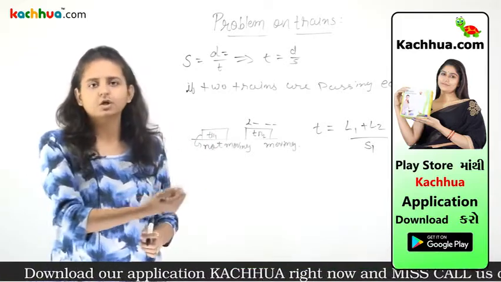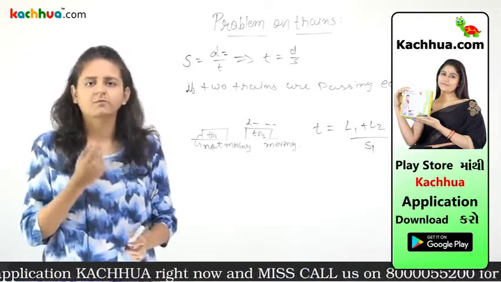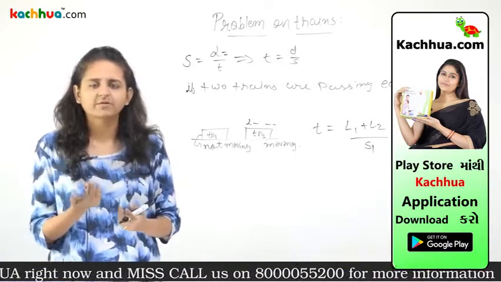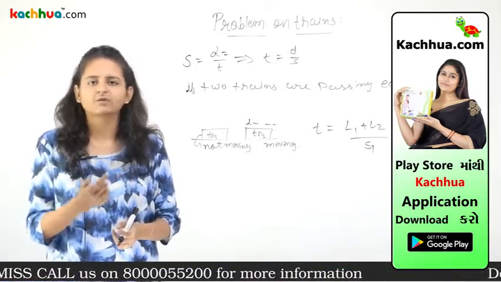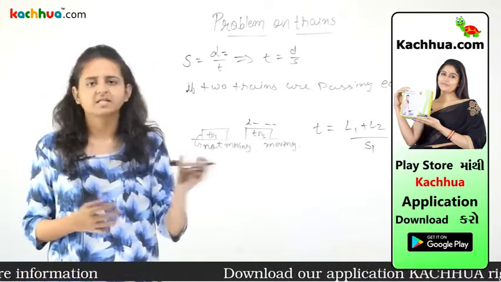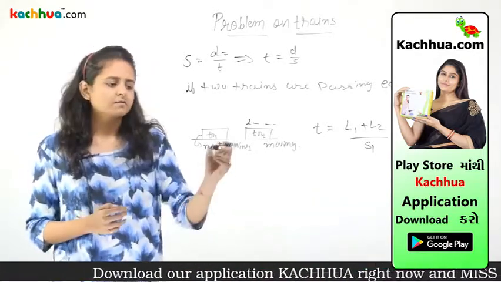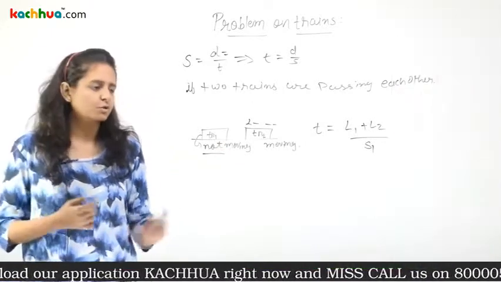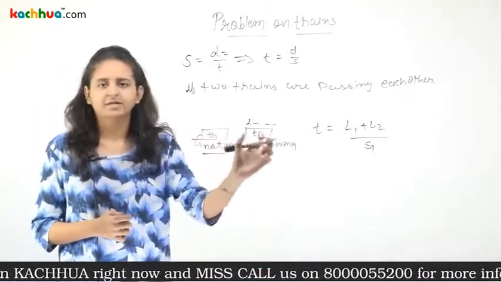Now we cannot ignore the length of train 1. In one person and one train, what were we doing? We were ignoring the length of the person. But here, the length of the train will definitely be greater than the length of a person. So, train 1 and train 2.